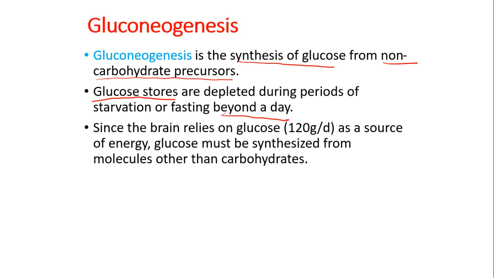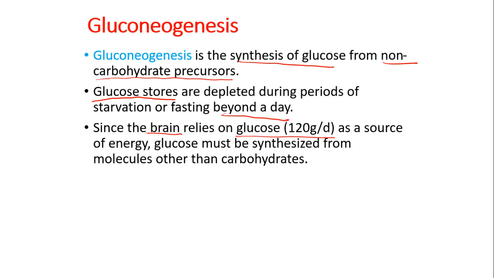So for our brain to interpret the information, for our brain to work, it normally relies on what? On glucose. Now, in a case where glucose levels have reduced, or glucose has finished, what happens next?